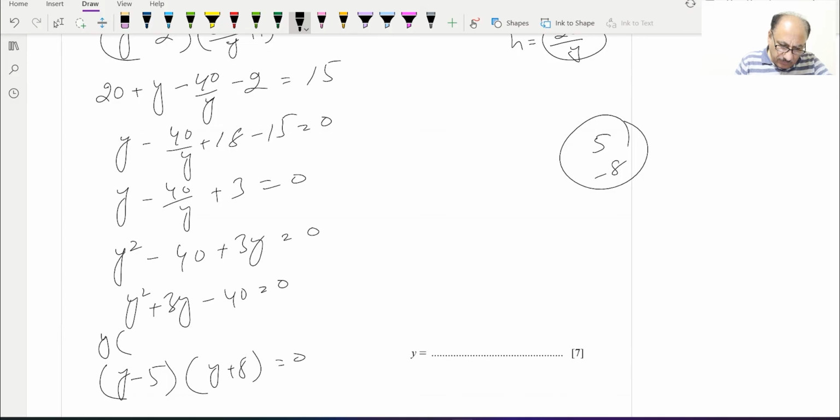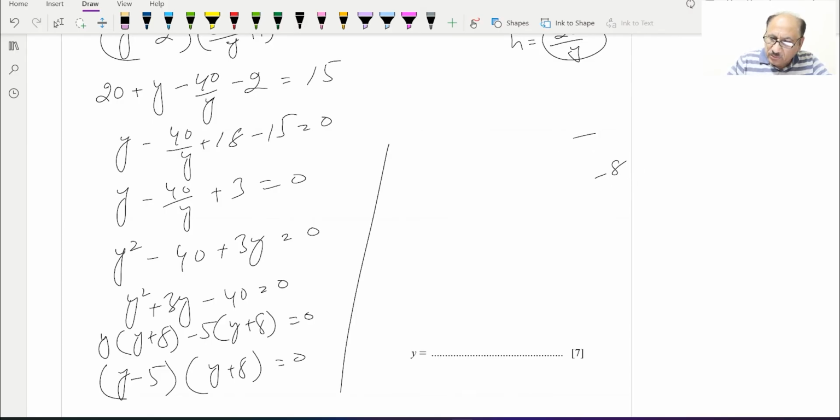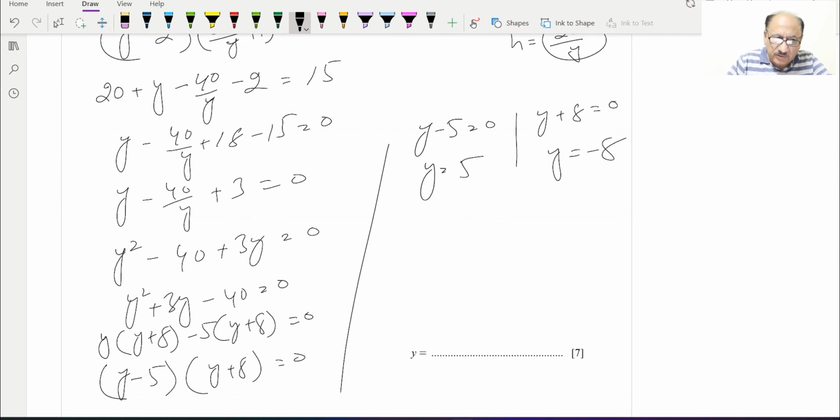Intermediate step, we can write y minus 5 into y plus 8 is equal to 0. And further we can write y minus 5 is equal to 0, or y plus 8 is equal to 0. So this implies y is equal to 5, and this implies y is equal to minus 8. Now minus 8 we will reject because length cannot be negative. So y is equal to 5 will be our answer, which we can provide over here.